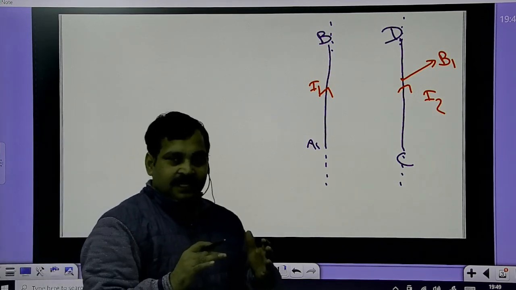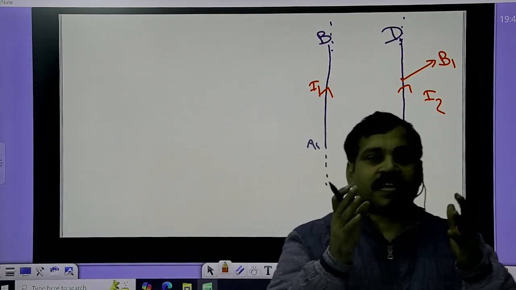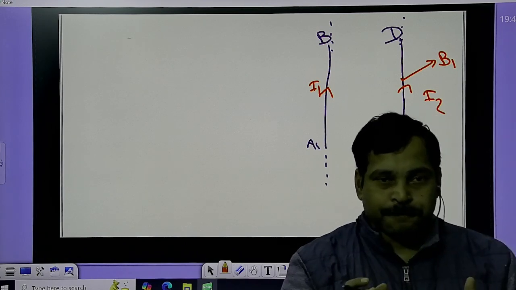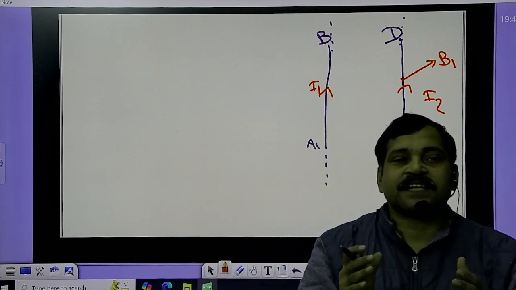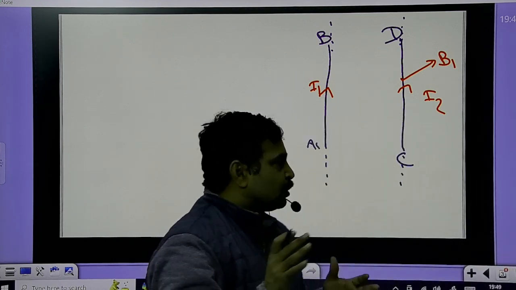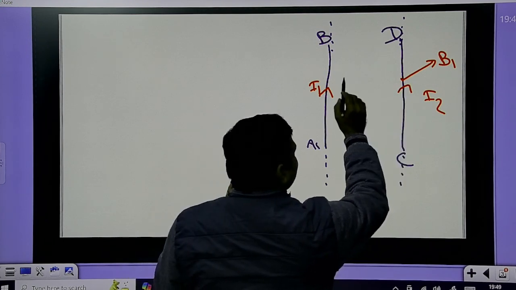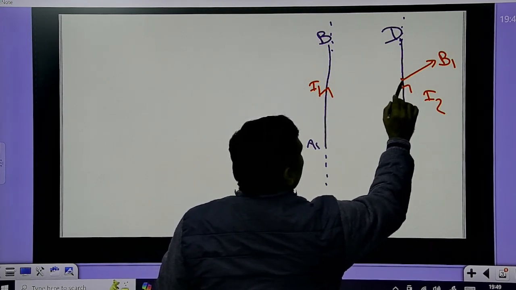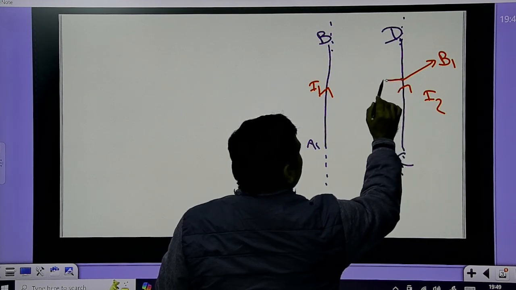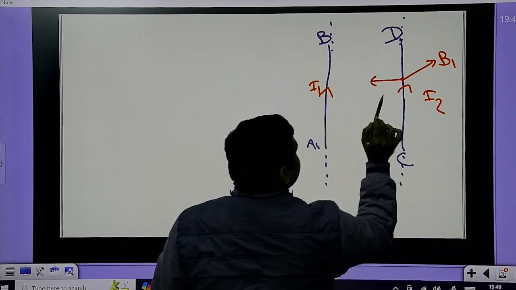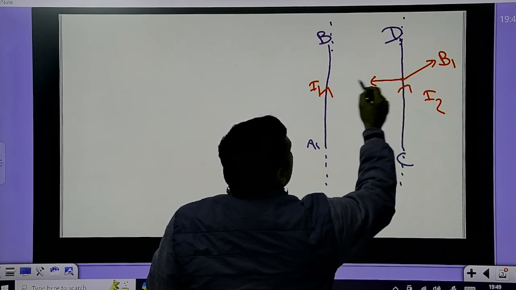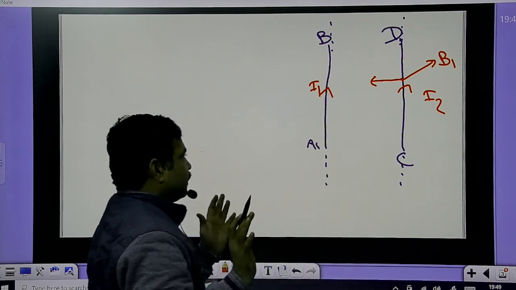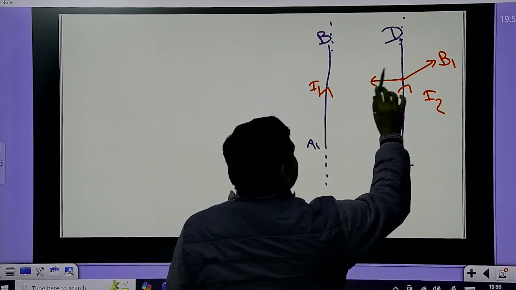Again, if a current carrying conductor is placed in a magnetic field, then it will experience a force. So in this case, what will be the direction of the force? The direction will be perpendicular to the conductor CD, and it will be towards AB as per Fleming's left hand rule.